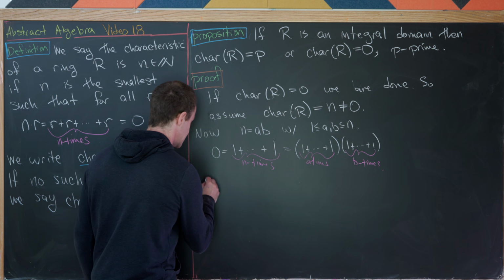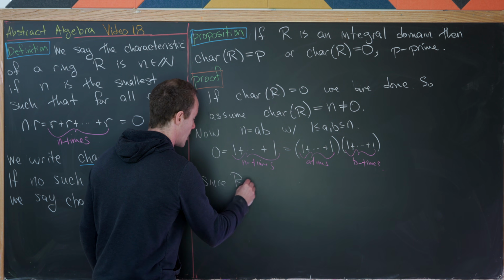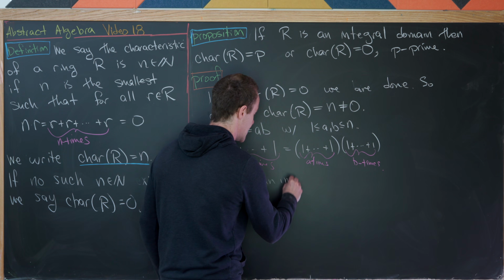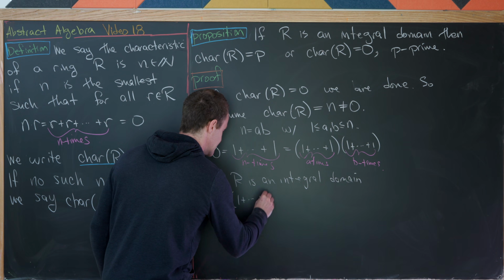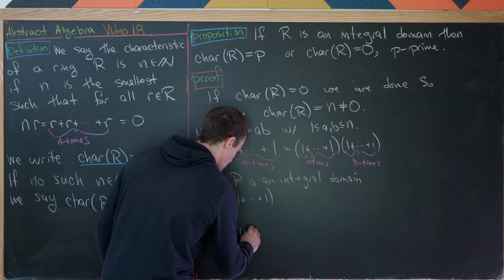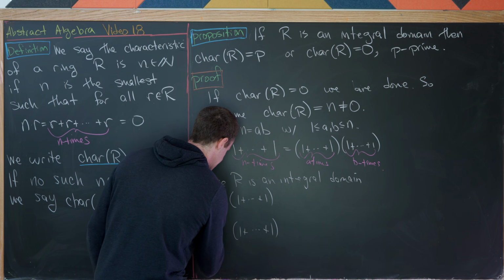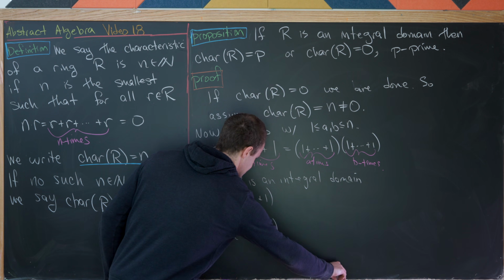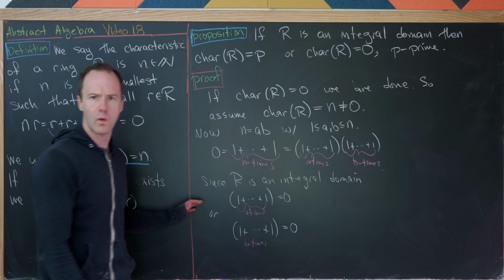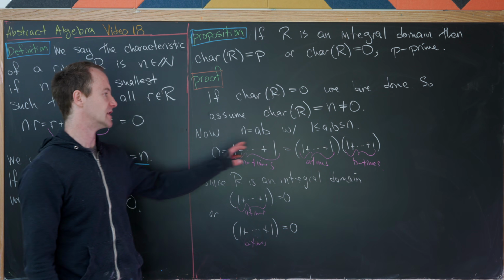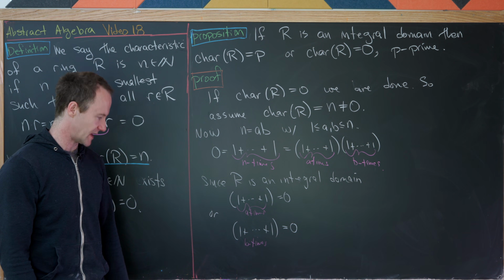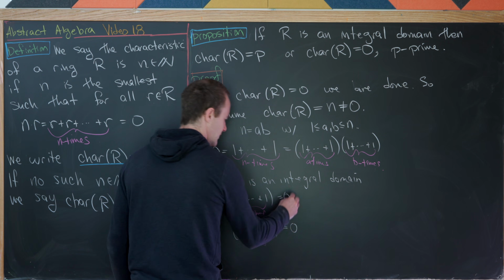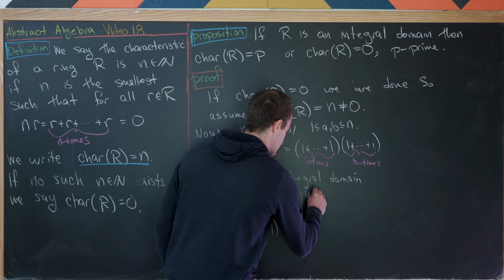But now, since R is an integral domain, we know either 1 added to itself a times or 1 added to itself b times is equal to 0. And why is that? Well, that's because we have a product of things equal to 0, but we're within an integral domain. So let's choose one of these to be equal to 0.